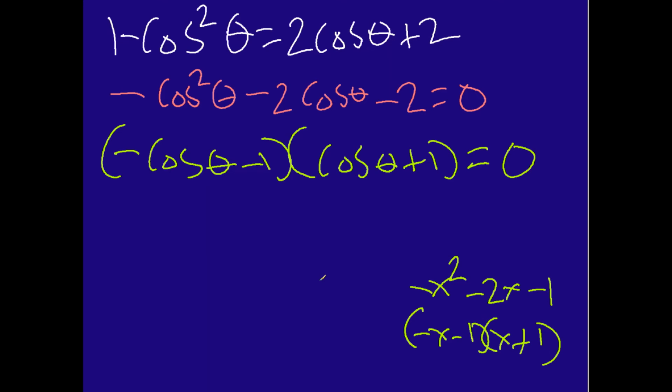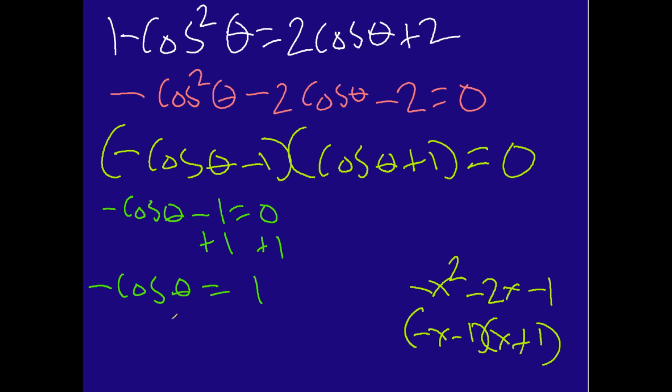Now we have two equations and we just solve for 0. Either one, it doesn't matter, but we'll just solve for both to be thorough and complete. So we're going to take now negative cosine theta minus 1 equals 0. Add 1 to both sides, and now you have negative cosine theta equals 1, or if I switch the sign, multiply both sides by negative 1, I will get cosine theta equals -1.